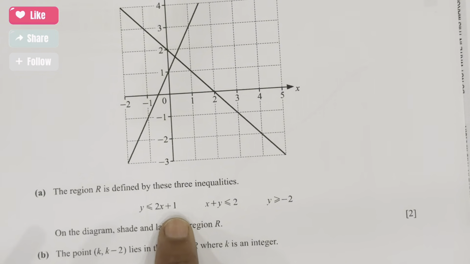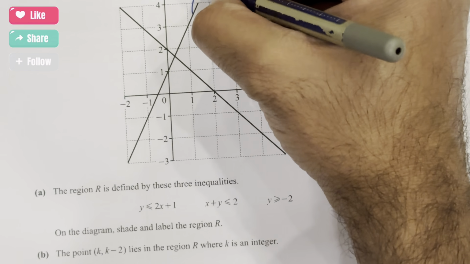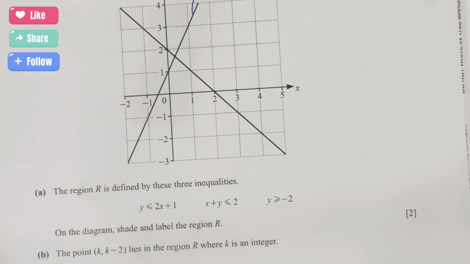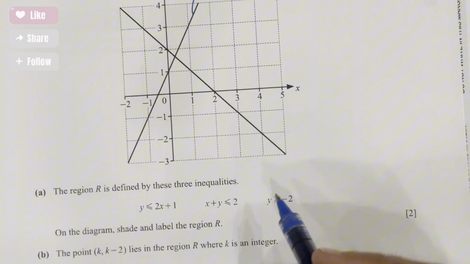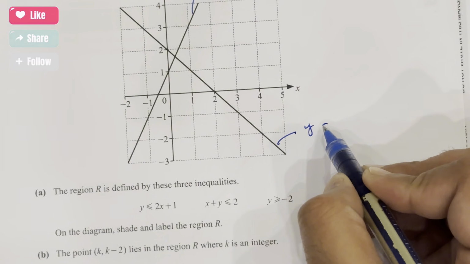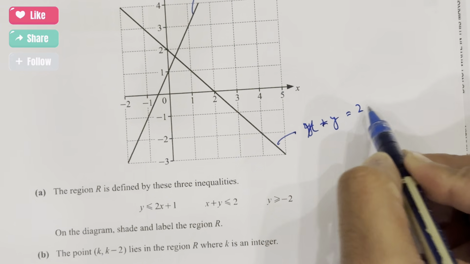So we know that the intercept is 1, so this is for this line. y is equal to 2x plus 1, and then y is equal to 2 minus x. It means this is for this line, x plus y is equal to 2.